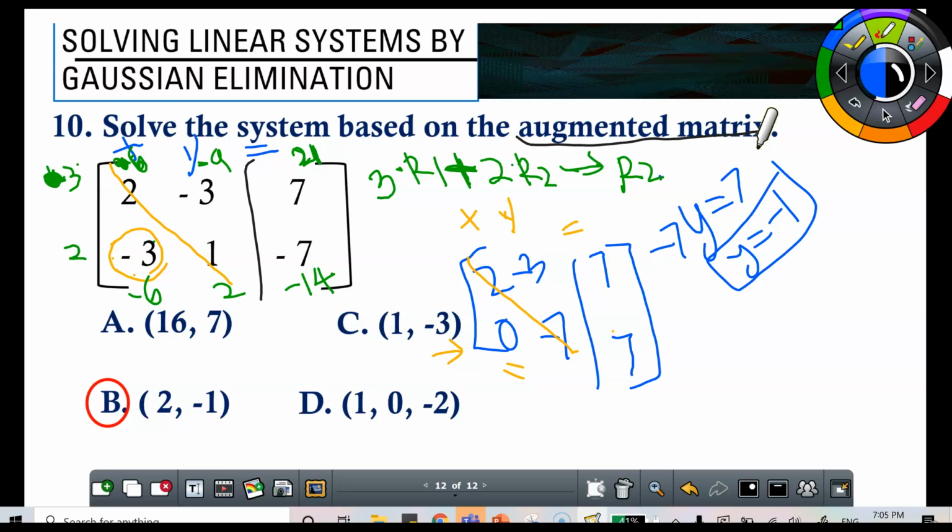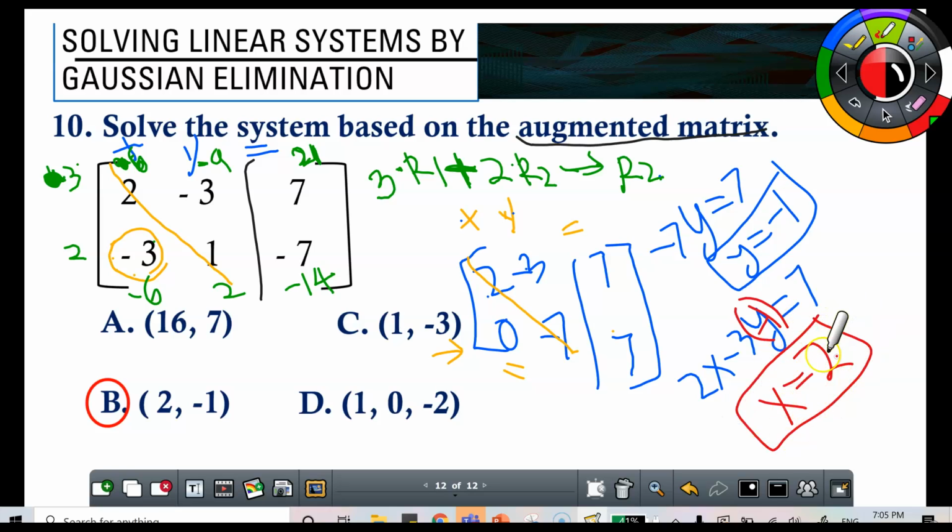And plug it back into the first equation, which is 2x minus 3y equals 7. Plug negative 1 into the place of y and solve it. I'm not going to solve it. We have x equals 2. So x equals 2, y equals negative 1, which is option B.